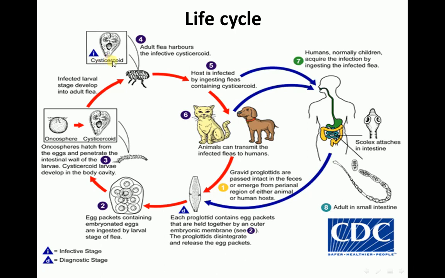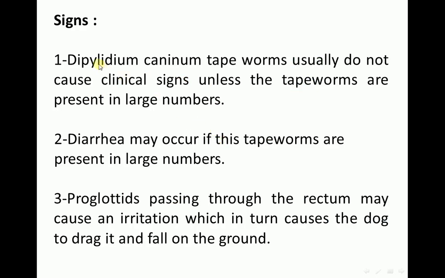After ingestion of this adult flea, cysticercoid go to the intestine, attach by scolex provided with 4 spherical suckers and the 6 rows of hooks, attach with the mucosa of small intestine and begin to form the adult worm, and repeat the life cycle.